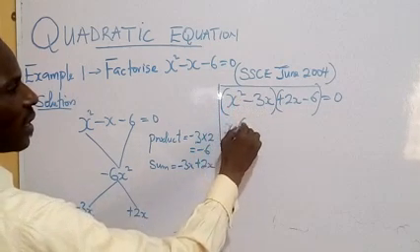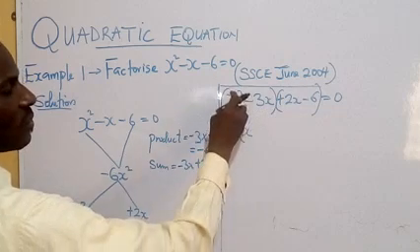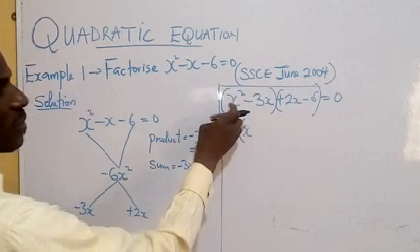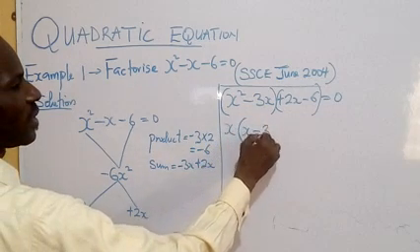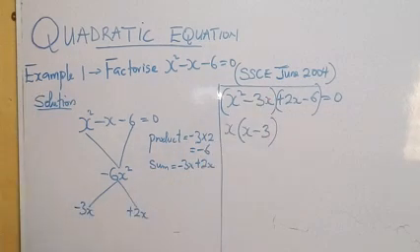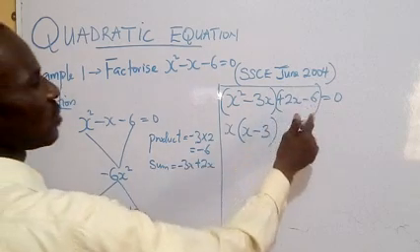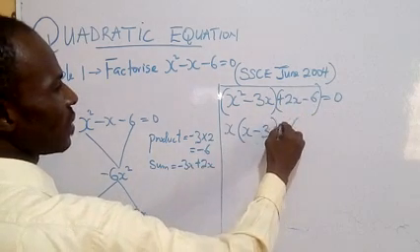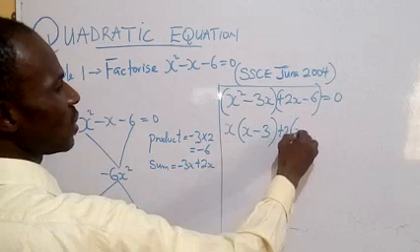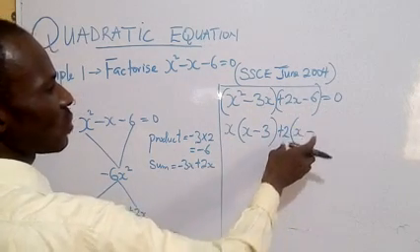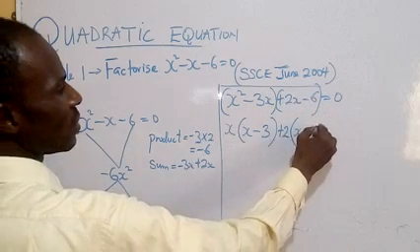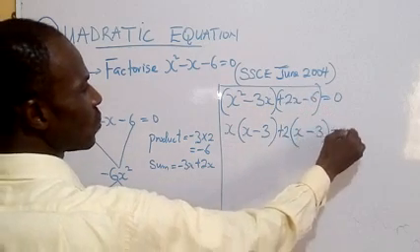What is left is x, since x times x gives x squared, and x multiplied by 3 gives minus 3x. On the other side, bring out the plus 2. What can you multiply together to give minus 6? Use minus 3 equals 0.